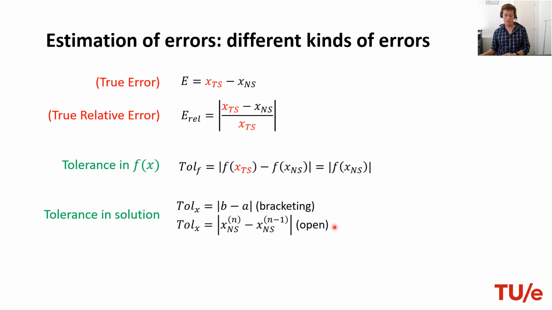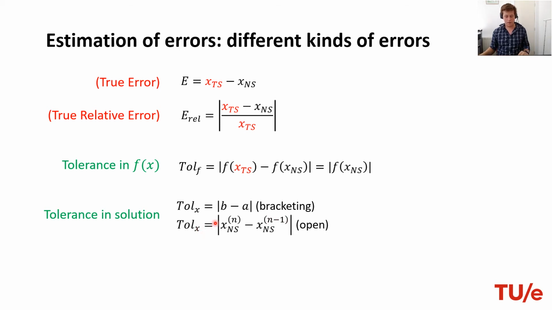Or in open methods, there we have no interval where we are guaranteed that the solution lies, but we can take a look at how the solution evolves in different iteration steps. What we will typically see is that initially the solution is very different in iteration 1 and 2, and then again it's making a huge step from 2 to 3, but it's taking smaller and smaller steps as we close in on the true solution with our numerical approximation.